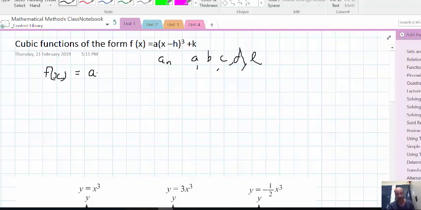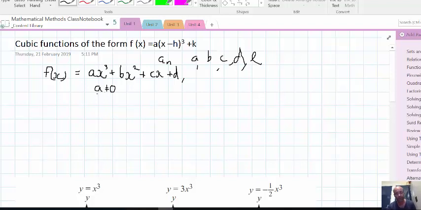So we've got ax³ + bx² + cx + d, where a cannot equal 0, and that's a cubic polynomial, and that's in polynomial form.